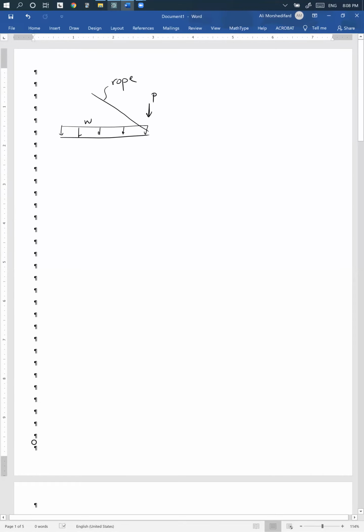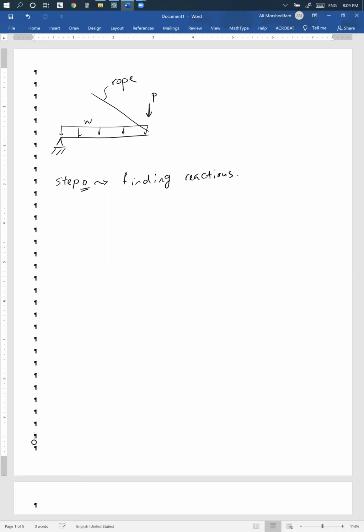So as I wrote there, step 0, when you want to do shear and moment diagram, step 0 is finding reactions, right? Finding reactions.